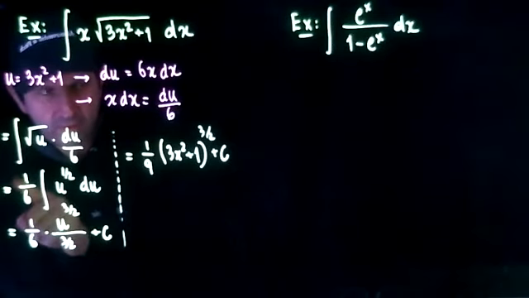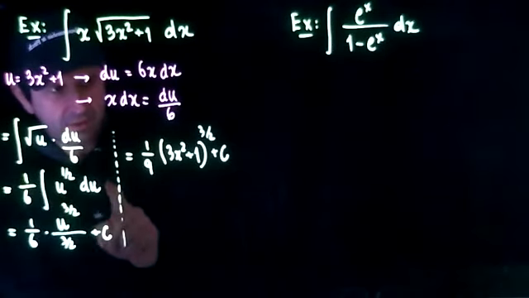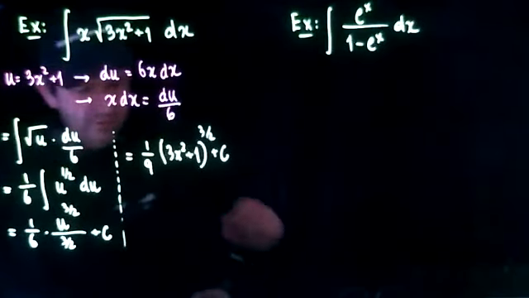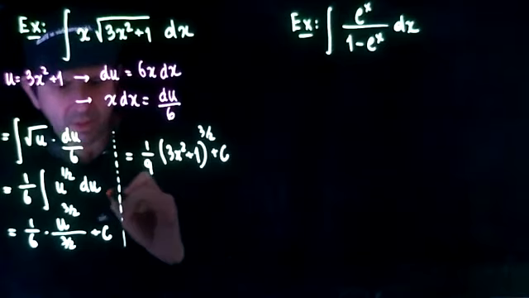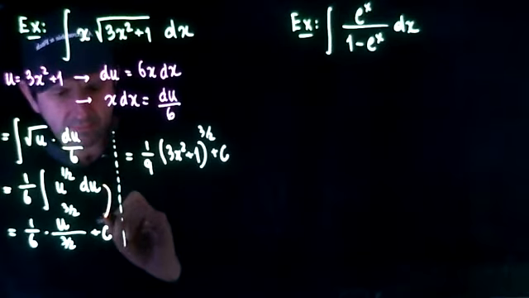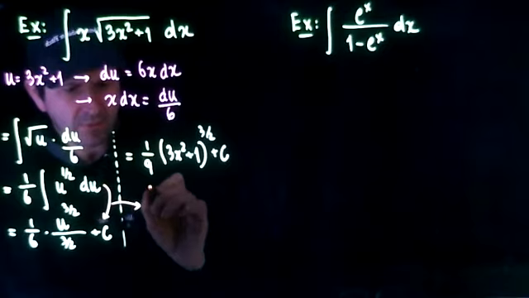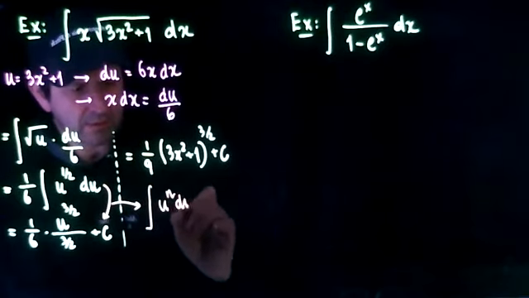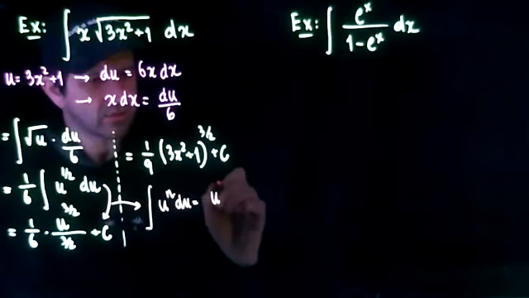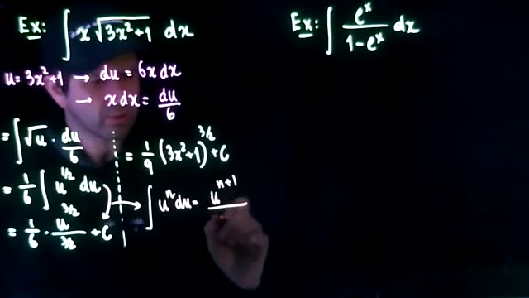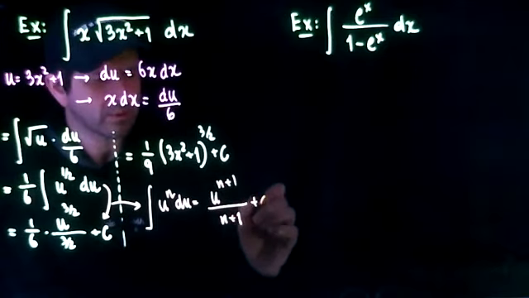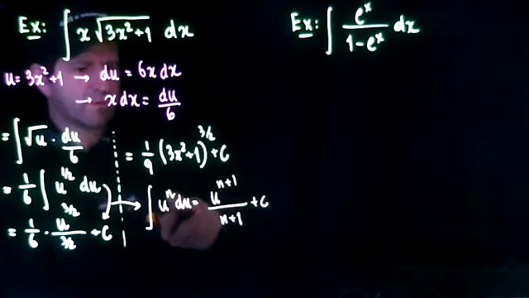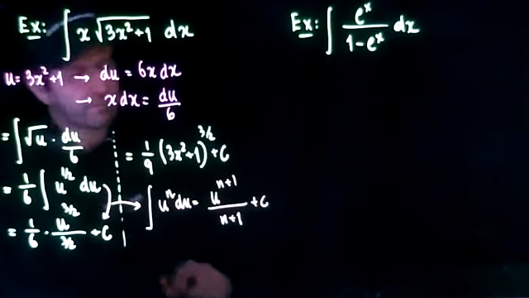Okay, so from here to here, this comes from the integral of u power n du is equal to u to the power of n plus 1 over n plus 1. This is the power rule. Oh, okay. Remember? So n is 1/2, which you get.